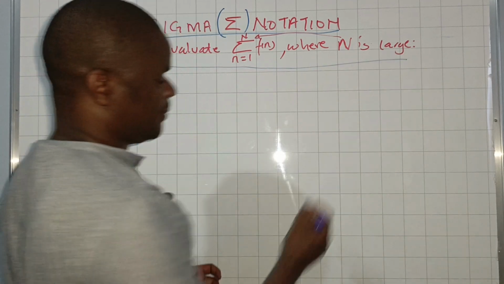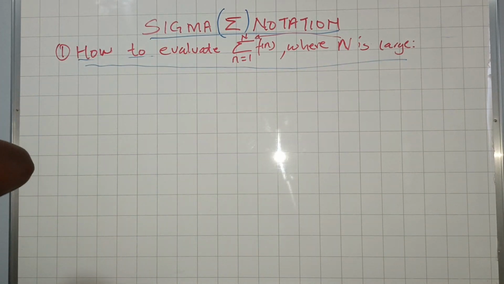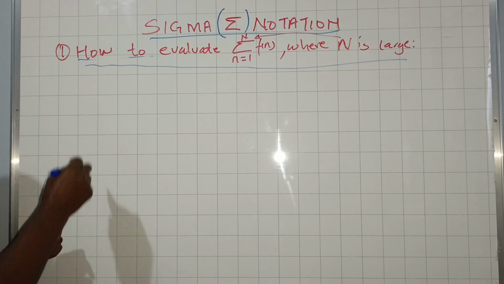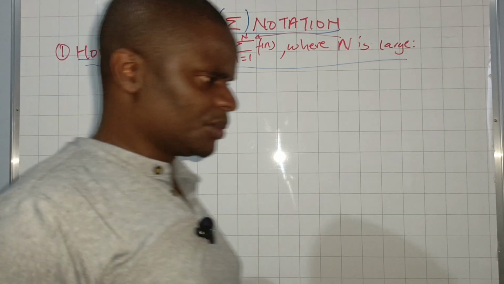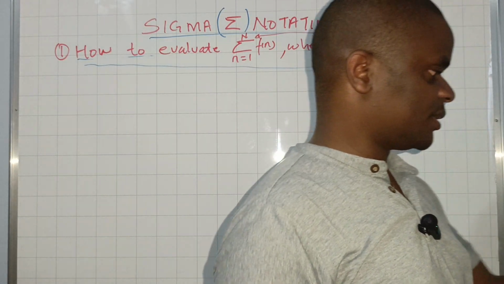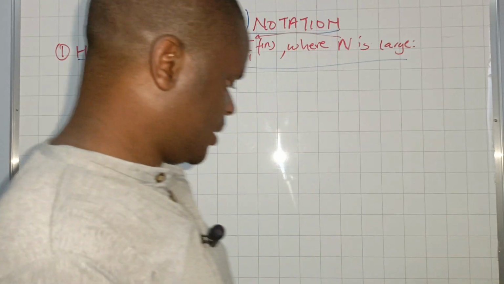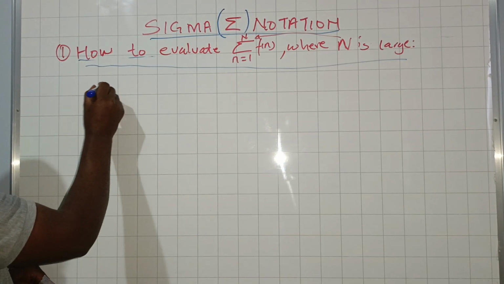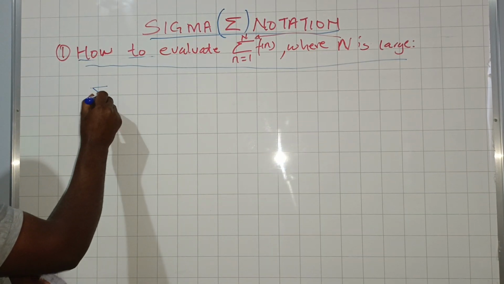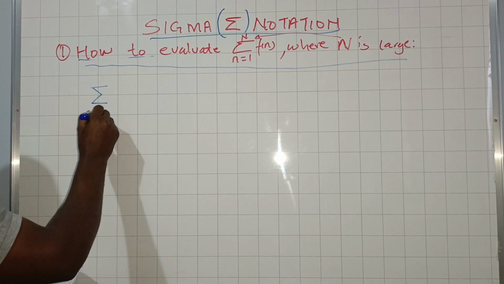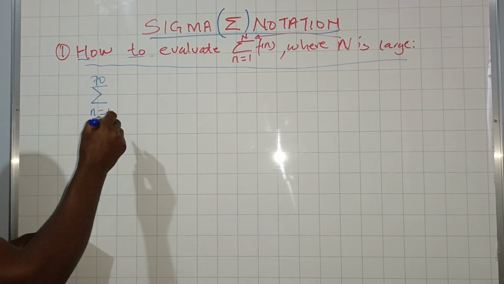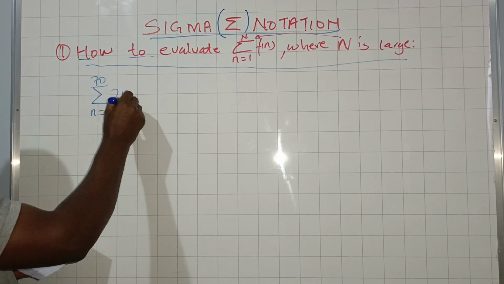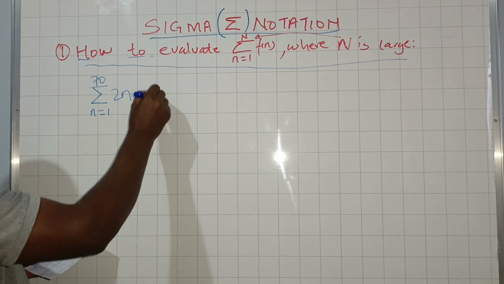And again here, I'm going to work with an example. Assume you want to evaluate, I have some worked out examples here. Assume you want to evaluate the summation from n equals 1 to 70 of 2n plus 5.